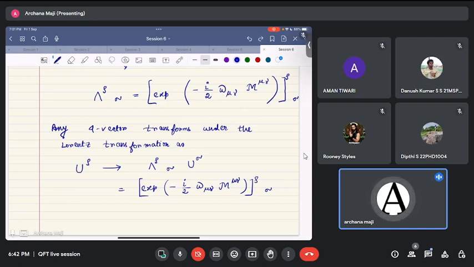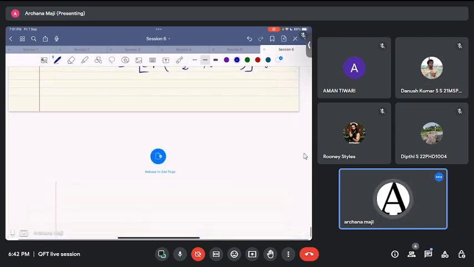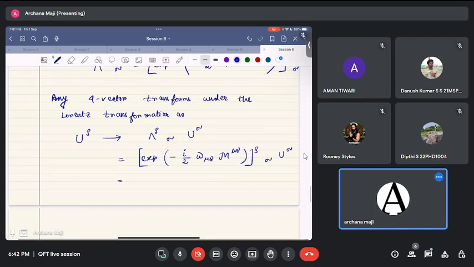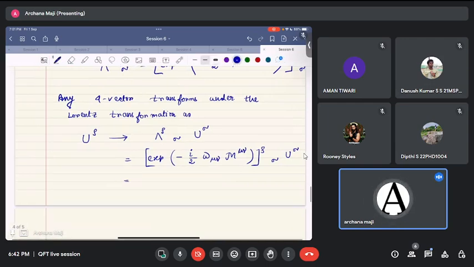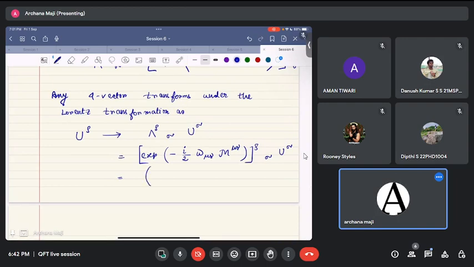If the transformation is infinitesimal, then you can expand this exponential up to first order in omega. So you have the 4 by 4 identity matrix with indices rho and sigma, minus i over 2 omega mu nu M mu nu rho sigma, acting on u sigma.